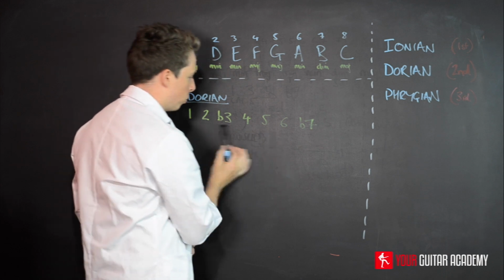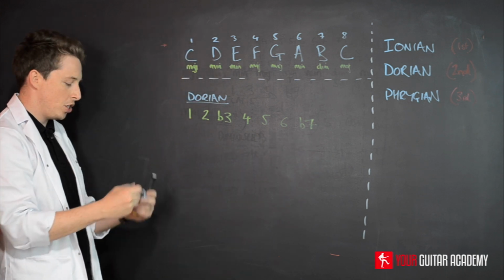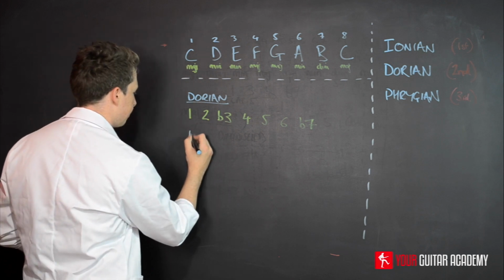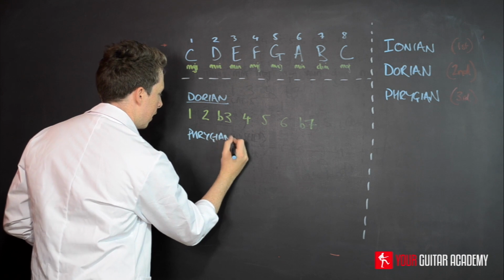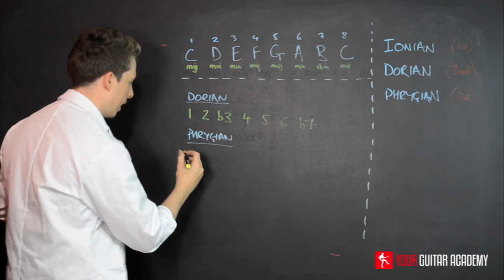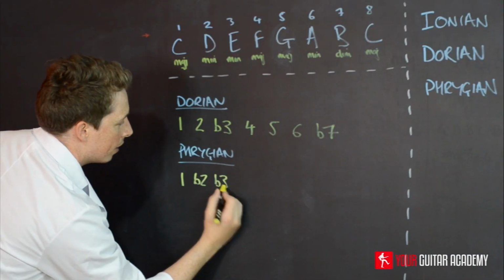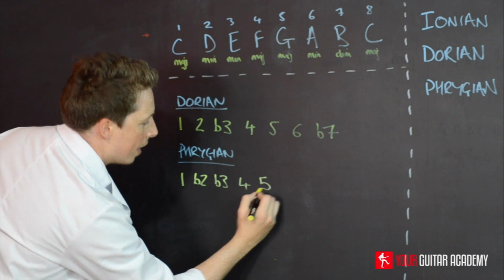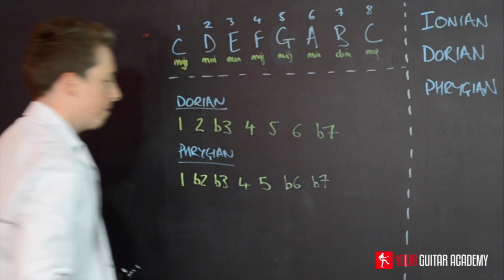We're also going to learn the actual scale formula for Phrygian, okay? So let's write Phrygian here. And here's the formula for the scale, okay? It's 1, flat 2, flat 3, 4, 5, then it's flat 6 and flat 7, okay?